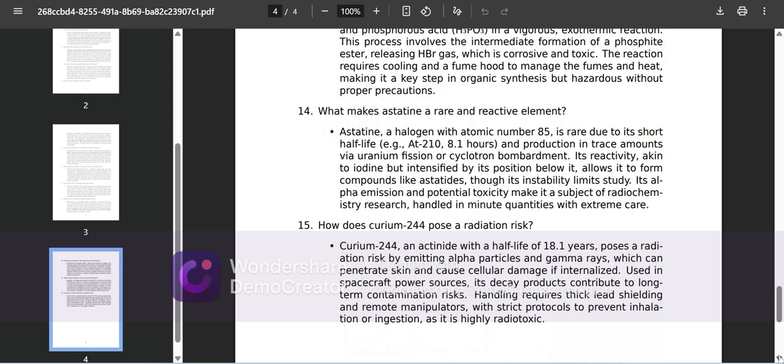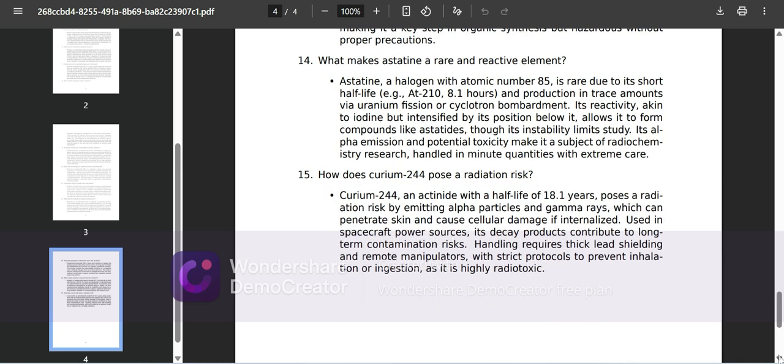What makes astatine a rare and reactive element? Astatine, a halogen with atomic number 85, is rare due to its short half-life, 210 astatine at 8.1 hours, and production in trace amounts via uranium fission or cyclotron bombardments.